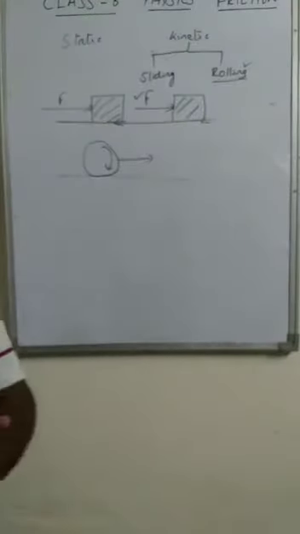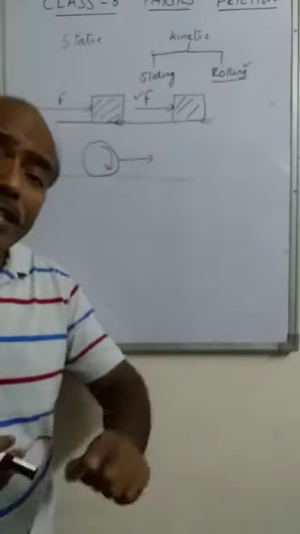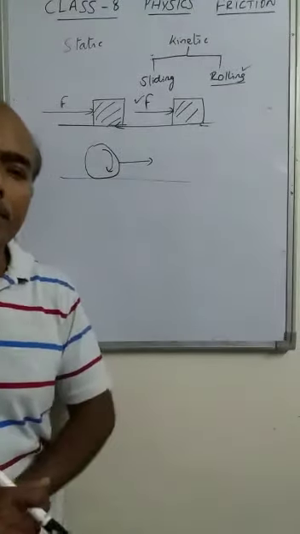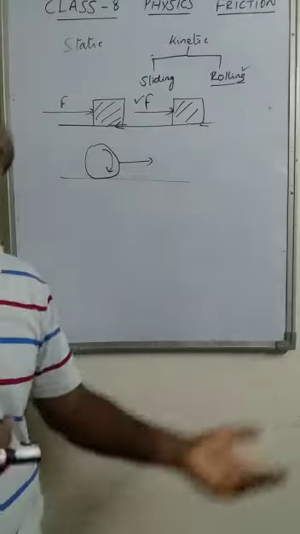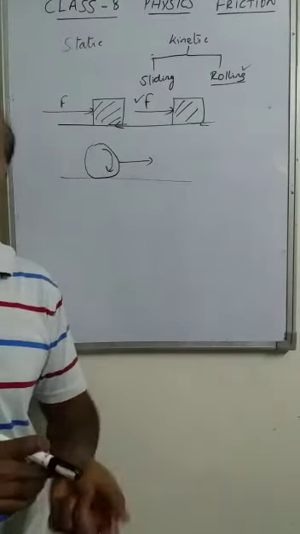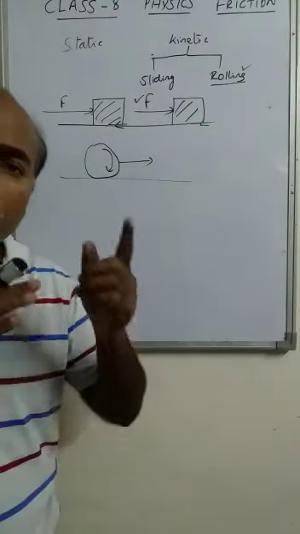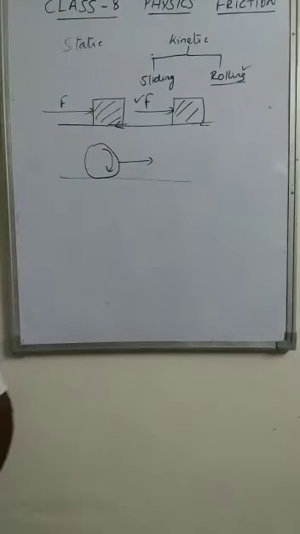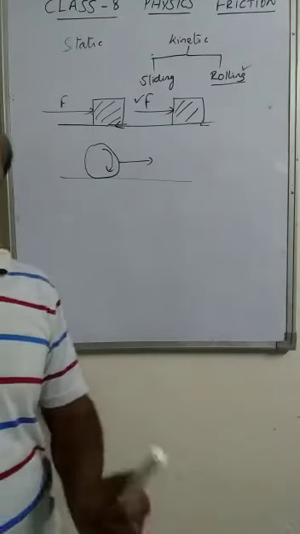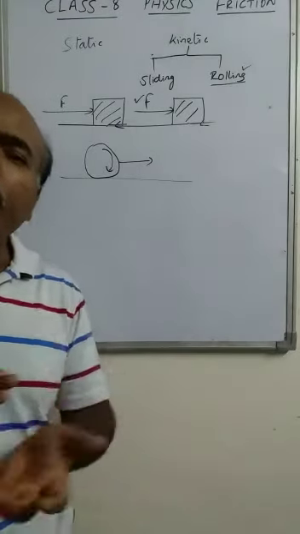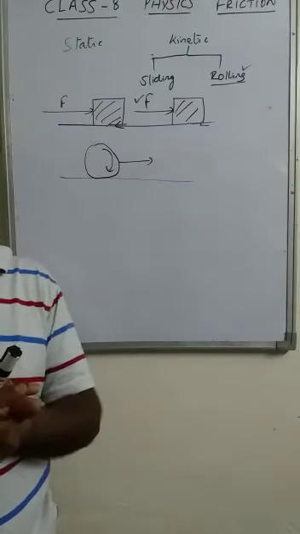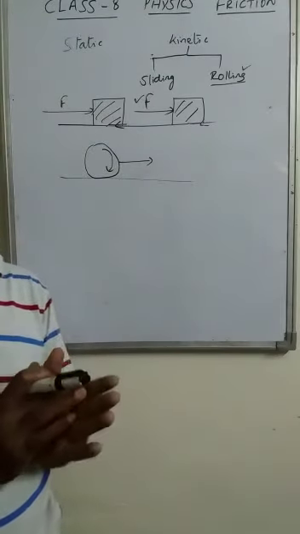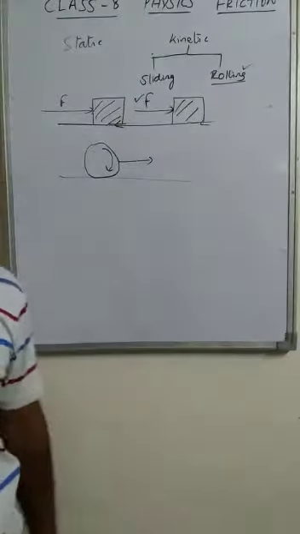That's why all the vehicles are given wheels in circular shape. It is not given in any other shape, rectangular or triangular. It is only circular. In most activities we use the rolling method to move the object because less force is required.